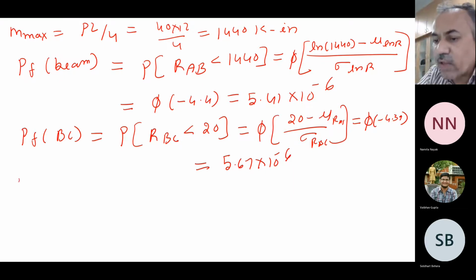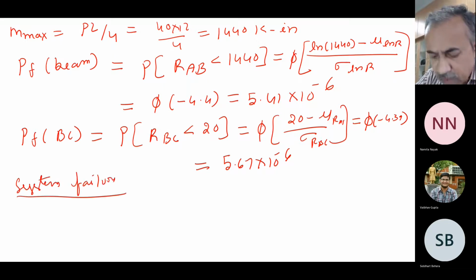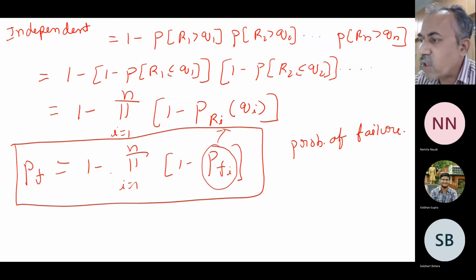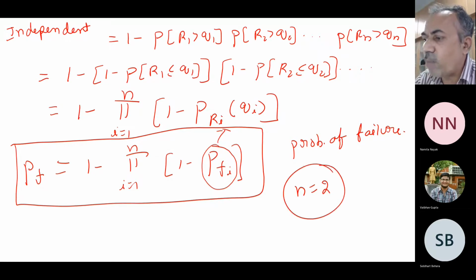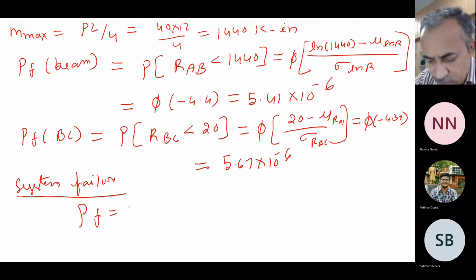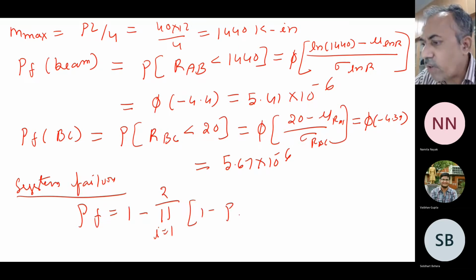And now you have to find out the system failure. The system probability of failure has to be calculated. So P of F has to be calculated for the entire system, and that is given by this expression. Now n components. In this problem we have only 2 components. So this turns out to be 1 minus the product, i equal to 1 to 2, of 1 minus the probability of failures.